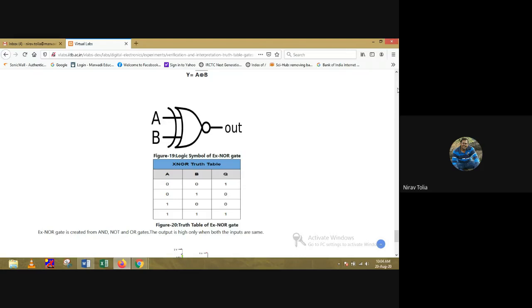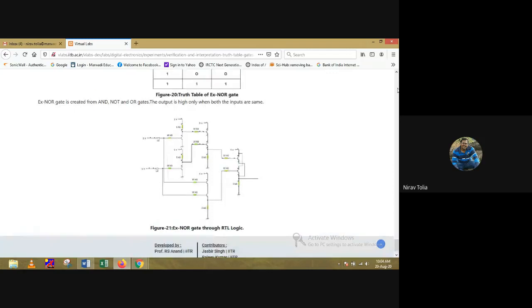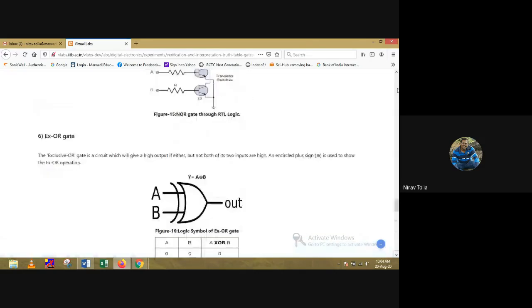If the inputs are in different states like 0 1 and 1 0, then our output will be 0. So this is the truth table, and this is the circuit of the exclusive NOR gate. So these are the theories.